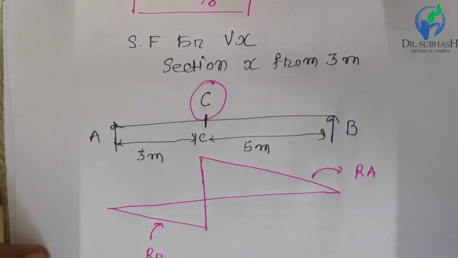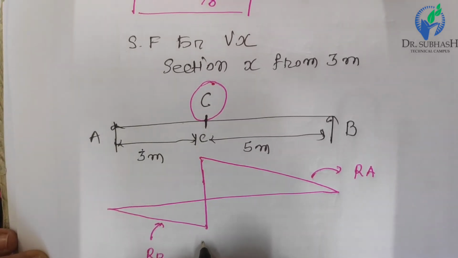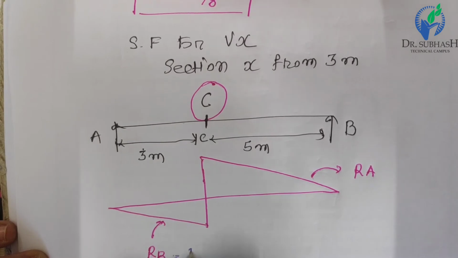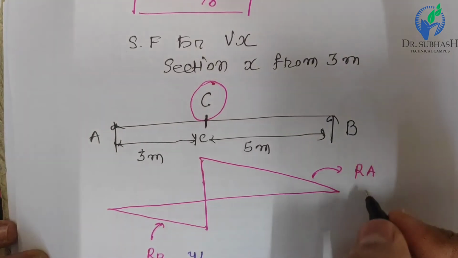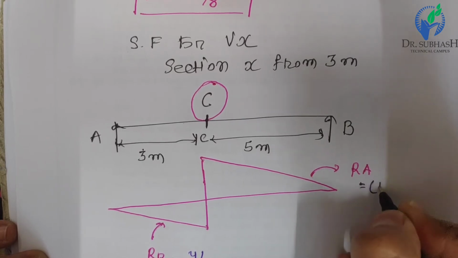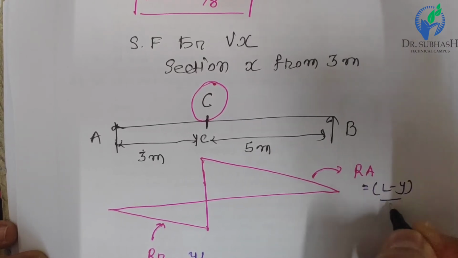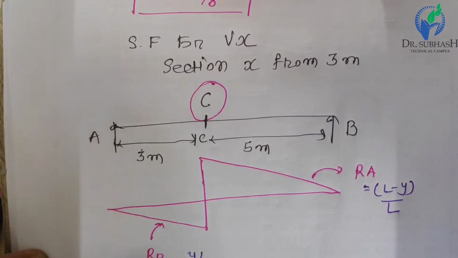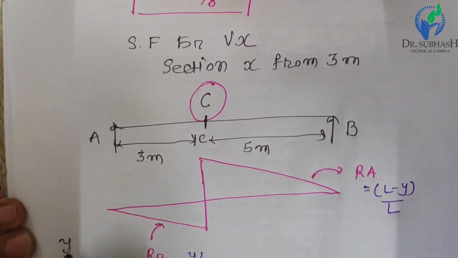We already know the equations of RA and RB. The equation of RB is nothing but y by L, and the equation of RA is nothing but L minus y upon L. Now put the value of x instead of y.